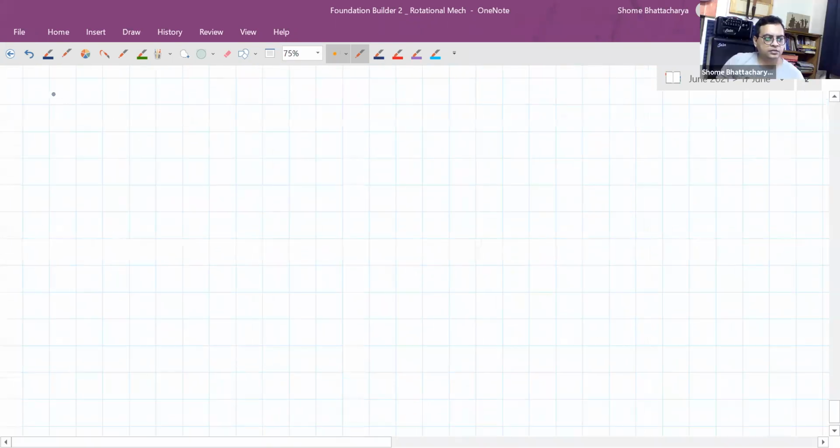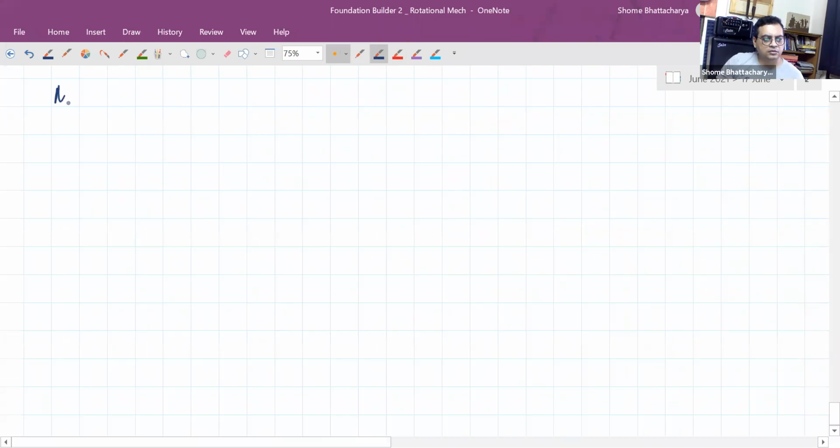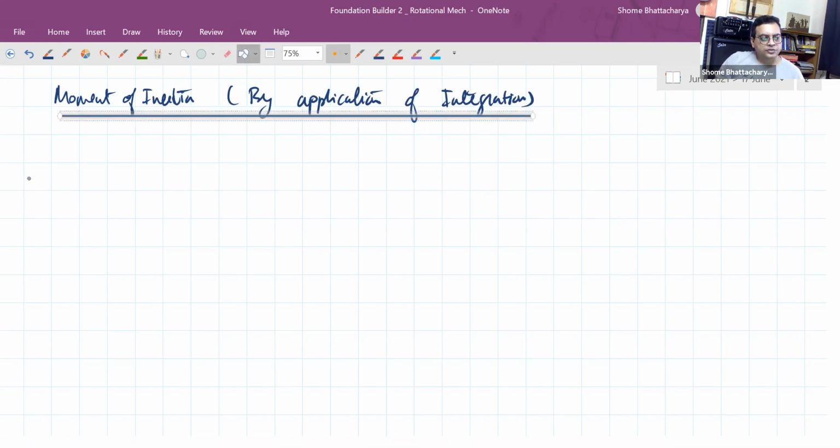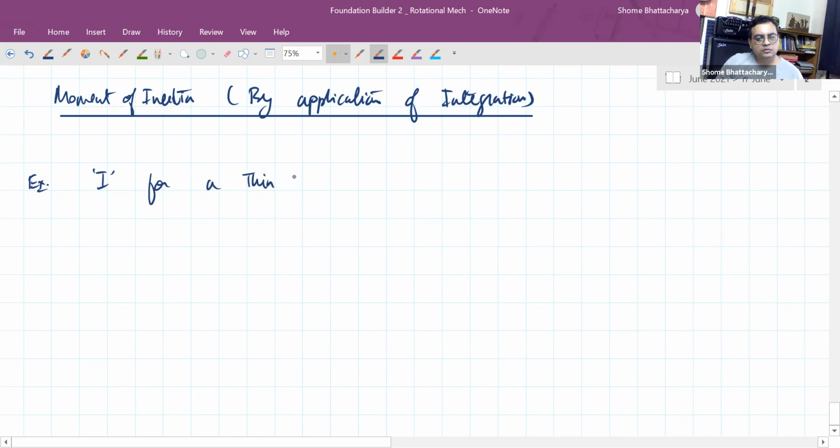So next we will look at moment of inertia by integration. The first example we'll see is moment of inertia for a thin uniform rod.